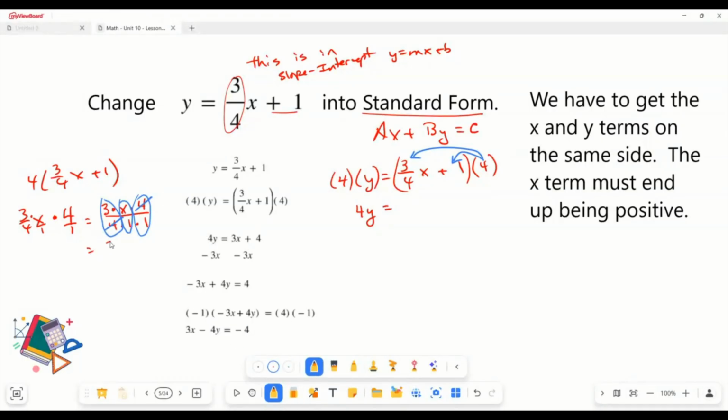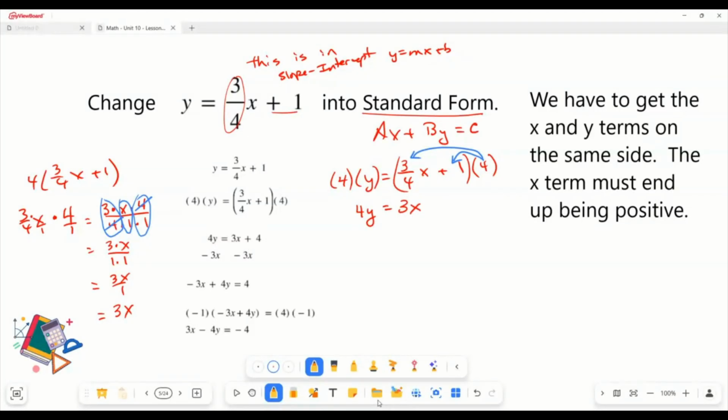So we're left with 3 times x over 1 times 1, which is 3x over 1, which is 3x. 4 times 3/4 x, the 4's divide out. We're left with 3x.